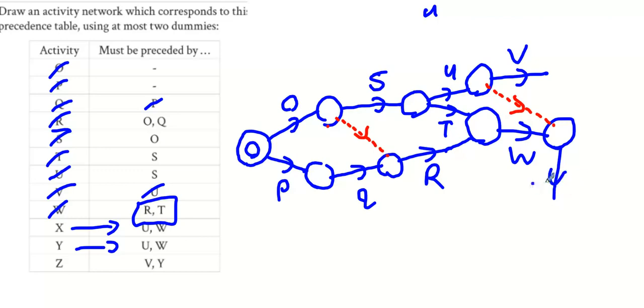Now, I'm obviously making a mistake here. Now, what happens then? X and Y want to go to the same node, don't they? So what should I do with my Y? Anybody? I'm going to feed Y up this way.